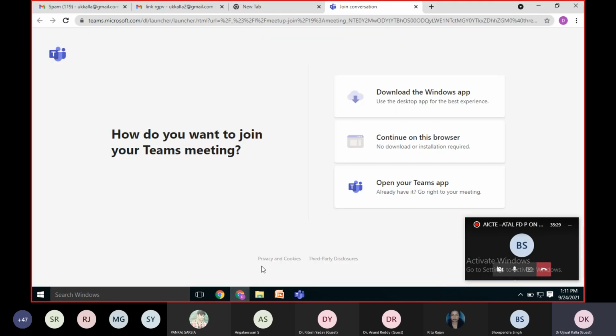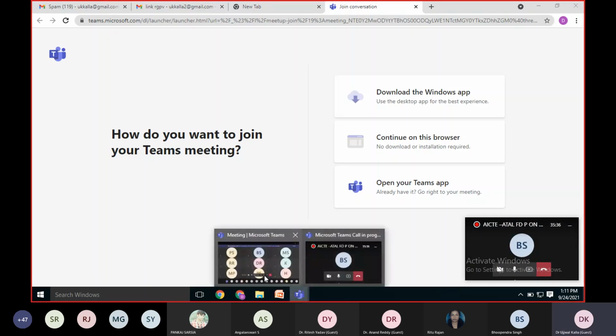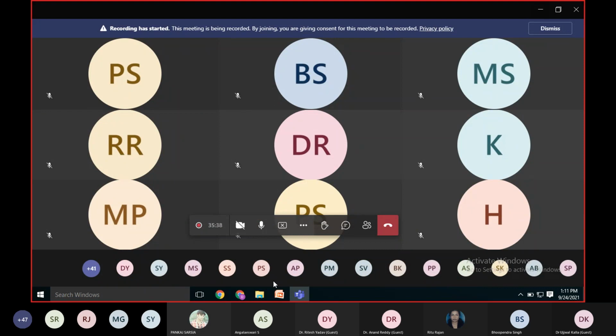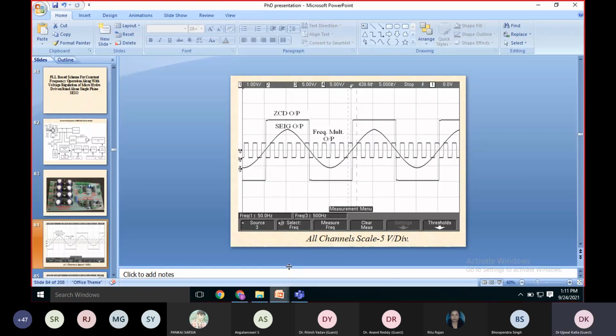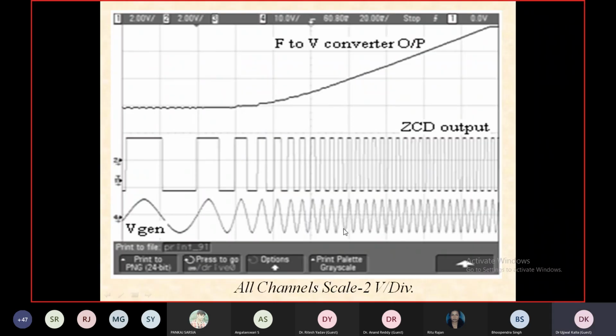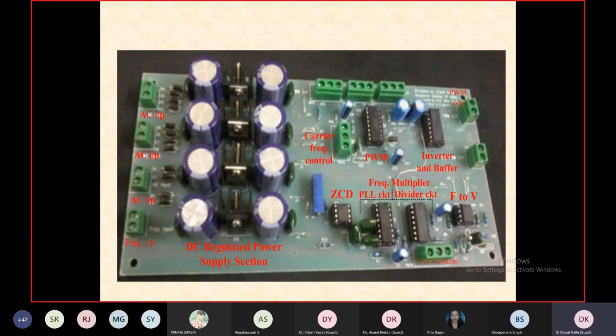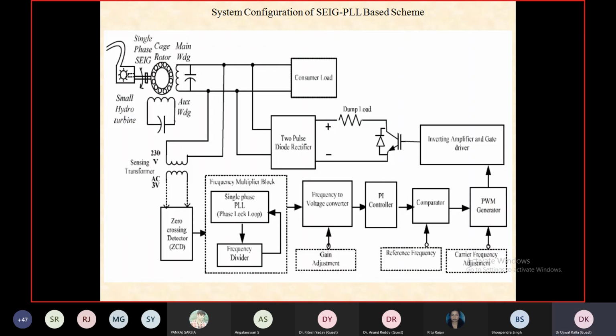So this is all about this analog controller. Okay, so that's how much time now I have.